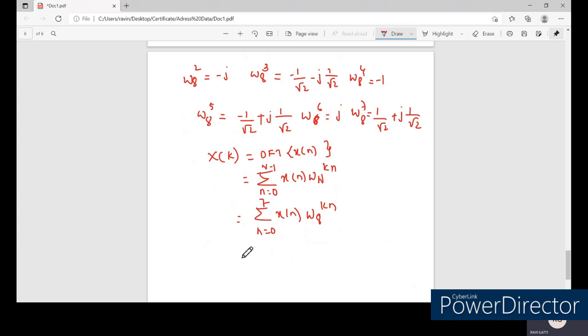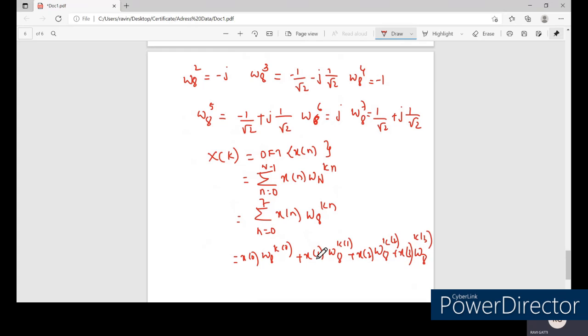If I substitute the values of n, since x of 0 is 1, you'll get x of 0 into omega 8 to the power of k into 0, and next x of 1 into omega 8 to the power of k into 1, plus x of 2 into omega 8 to the power of k into 2, next x of 3 into omega 8 to the power of k into 3.